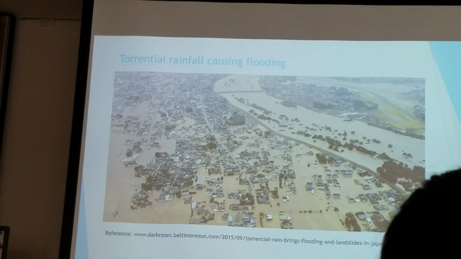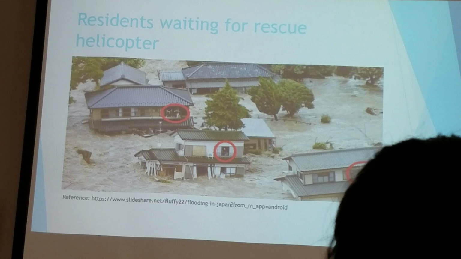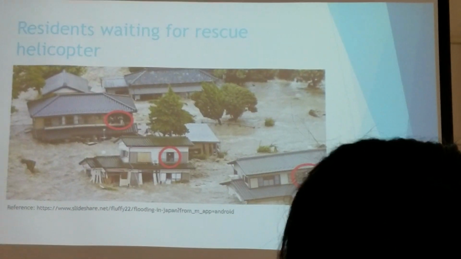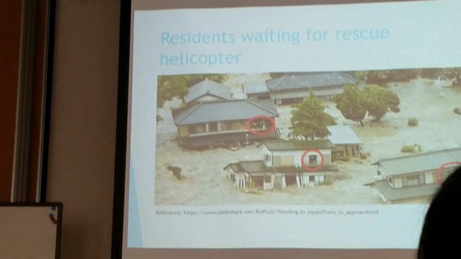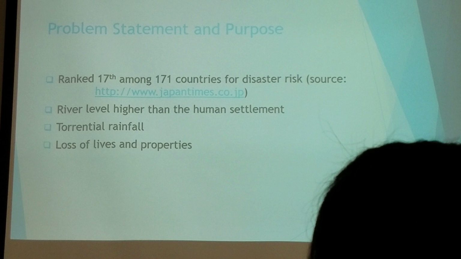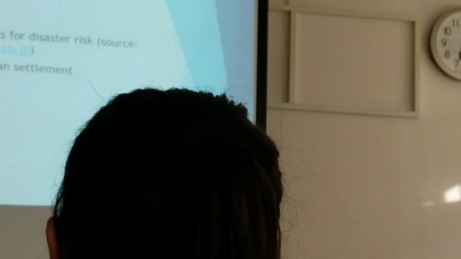These are some torrential rainfall in Japan. The image shows the residents waiting for the rescue helicopter. And the problem statement: Japan lies in 17th position among the 171 countries for disaster risk.